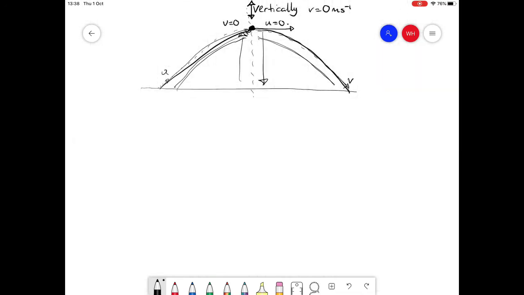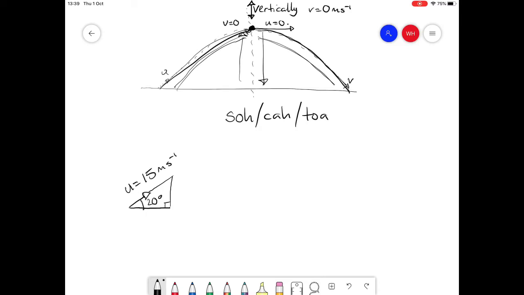Okay, let's do some scenarios then. Let's use this first scenario. Let's launch a ball upwards with an initial velocity of 15 meters per second at an angle of 20 degrees from the horizontal. From your studies in mathematics, you know SOH CAH TOA.